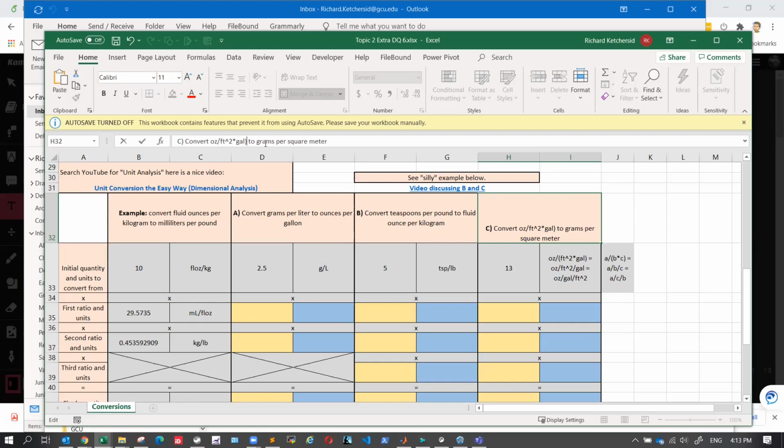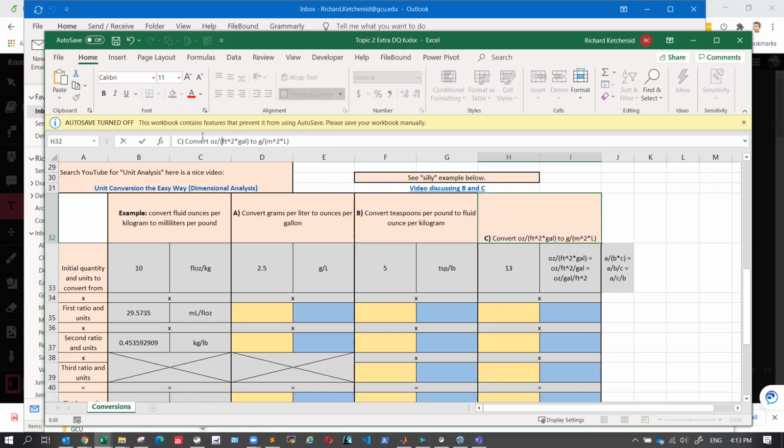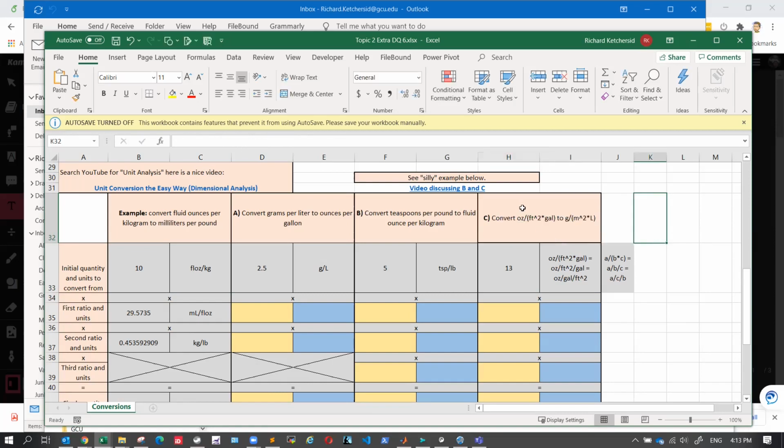Let's convert this to grams per meters squared per liter. So everything's the right kind of object. We have a length, we have a mass. Ounces and grams are both a kind of mass, feet and meters are both a kind of length, and liters and gallons are a kind of volume. So it makes sense to do this conversion.